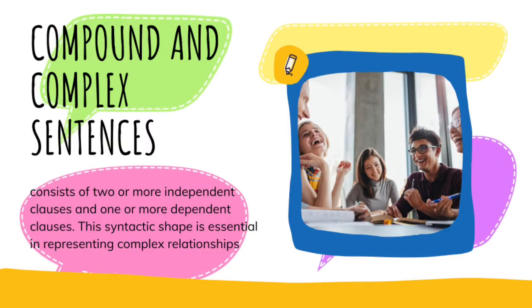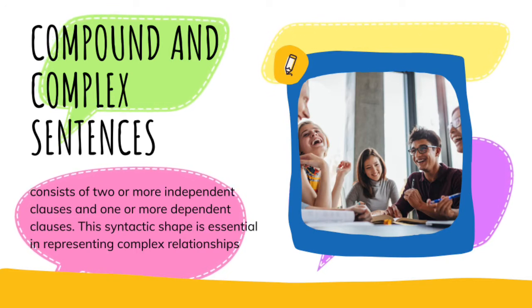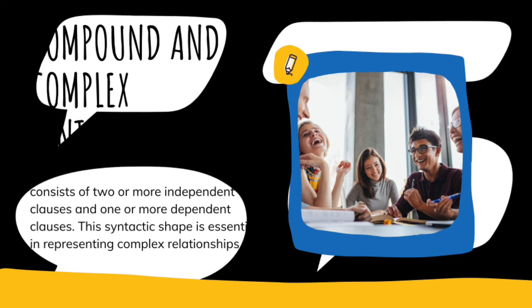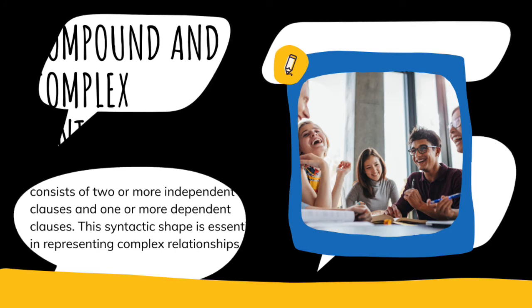Okay, now let's move on. Usually, compound and complex sentences are also used in this kind of text. Basically, it consists of two or more independent clauses and one or more dependent clauses. We're going to look at examples of compound sentences and also complex sentences.